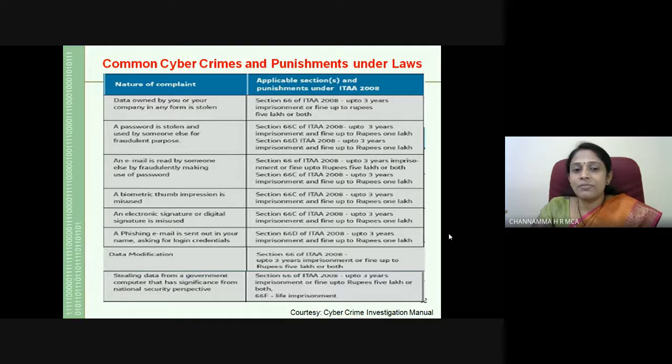And data modification. Again, it is a very unclear crime or offense, because with digital data, we keep changing the data. So if the modification is unintentional, then no punishment should be given.